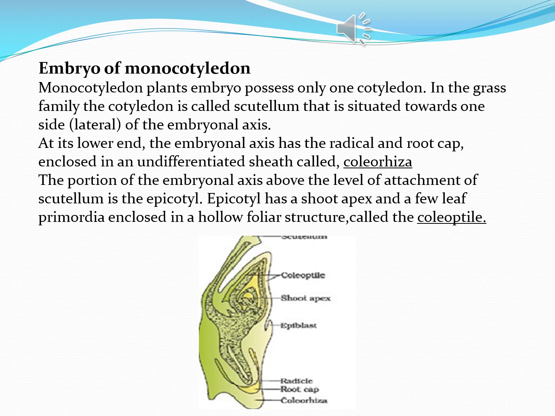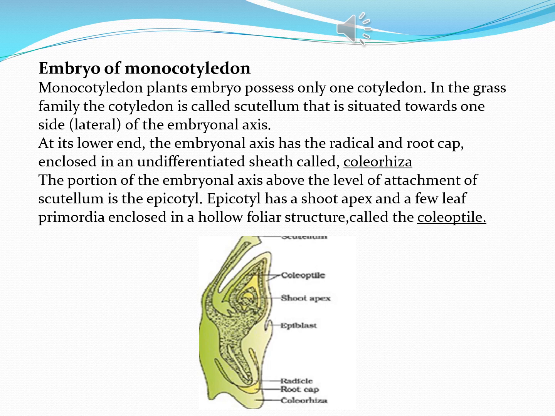This root cap is enclosed by an undifferentiated sheath called the coleorhiza. Now, what is the function of the coleorhiza? It helps in protection, acting as a covering layer.